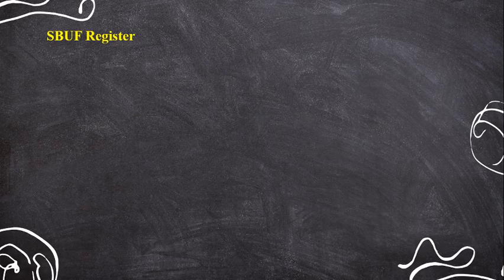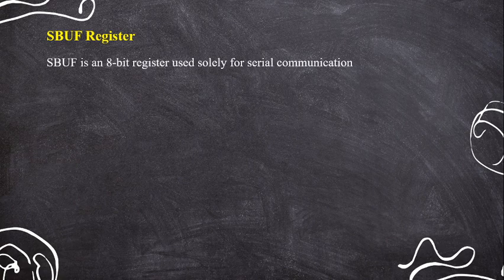Now, when we study serial communication, when the data has to be transmitted from one 8051 to another 8051, the data, for example A, should be held in a register. The specific register used for data communication is SBUF, that is the serial buffer register. It is an 8-bit register used only for serial communication.